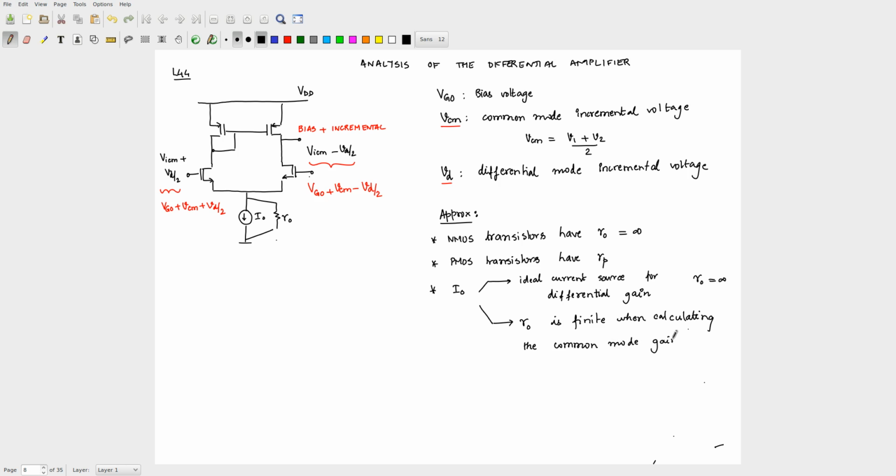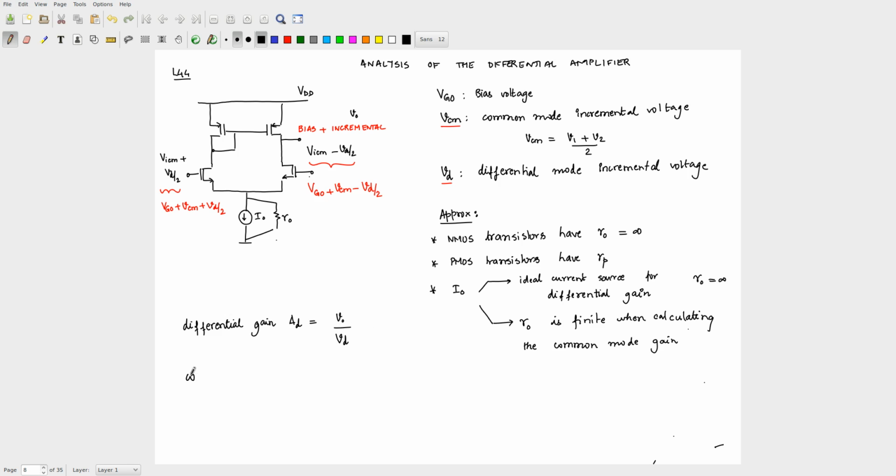Maybe I should just define what these quantities are. The differential gain AD is defined as the incremental output voltage, let me call it V0, divided by Vd.